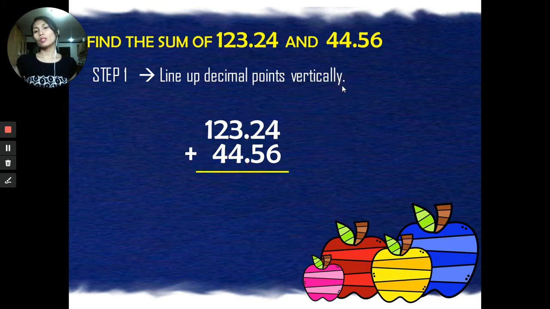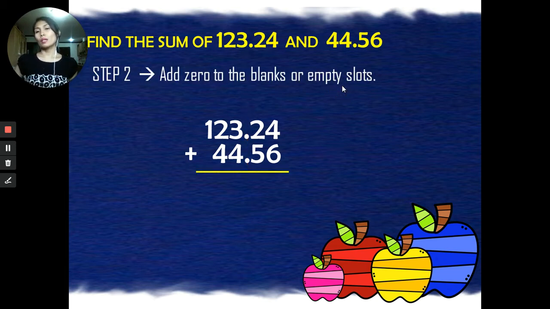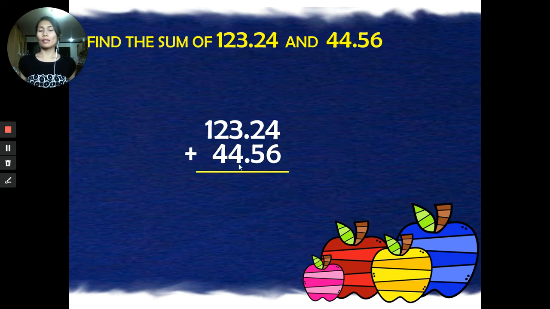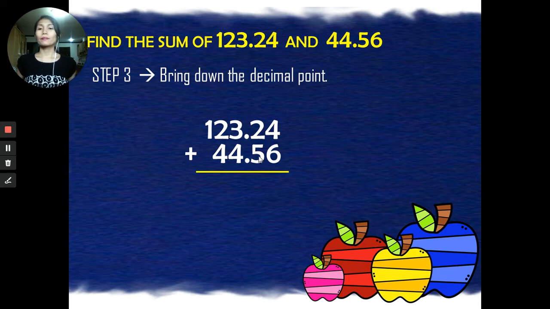Let's proceed to step 2. Add 0 to the blanks or empty slots. Do you see empty slots? Actually, we have one here. But if the empty slots are on the left side, you don't have to put 0. If you want to put 0, that's fine, not a problem. In this case, I'm not going to write 0 there.